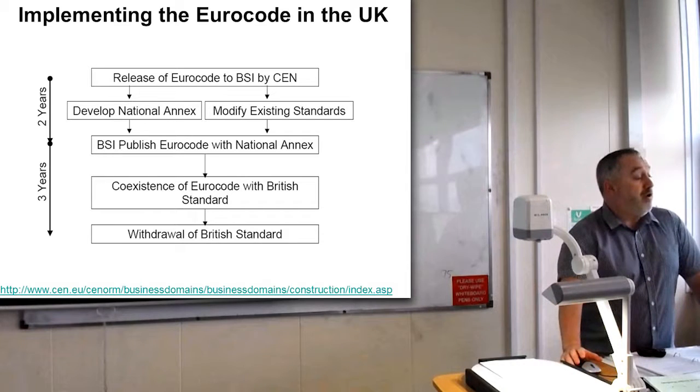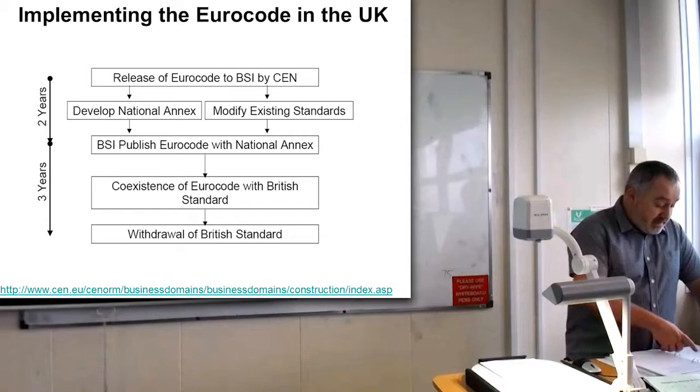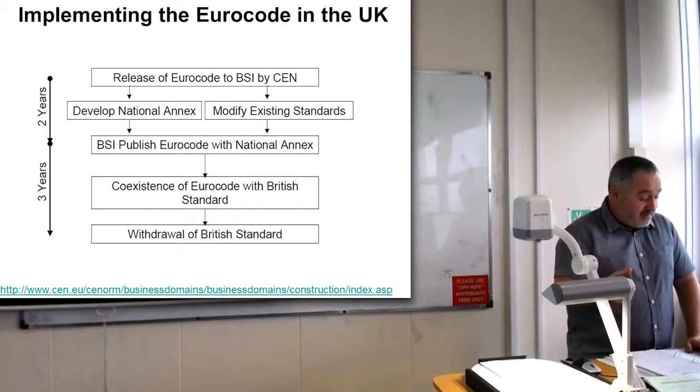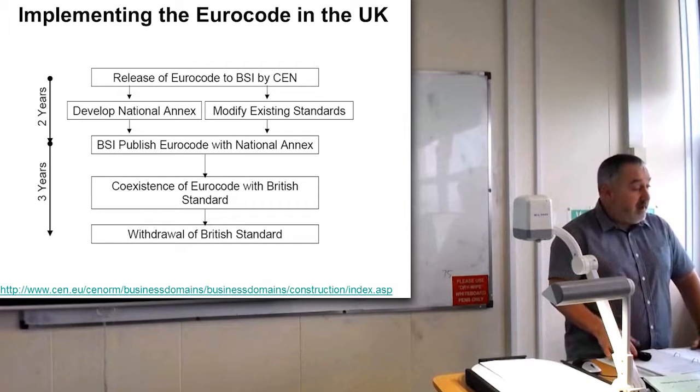The Eurocodes were released by the BSI now. First, the European Committee for Standardisation, CEN, worked with the British Standards Institute. They're the ones who produced the British standards.